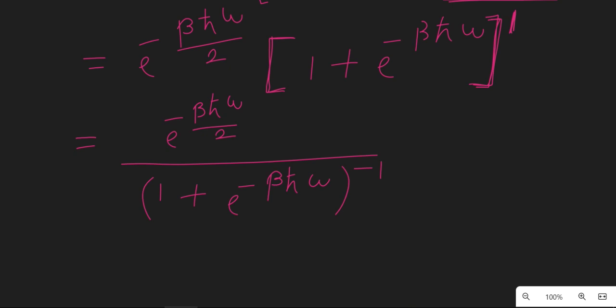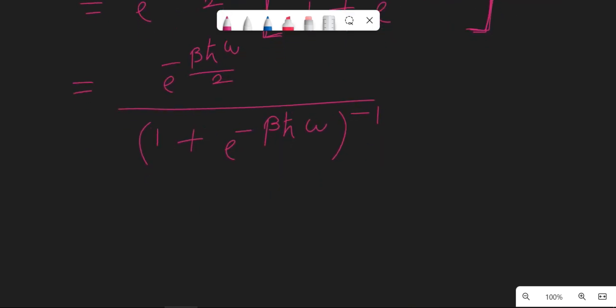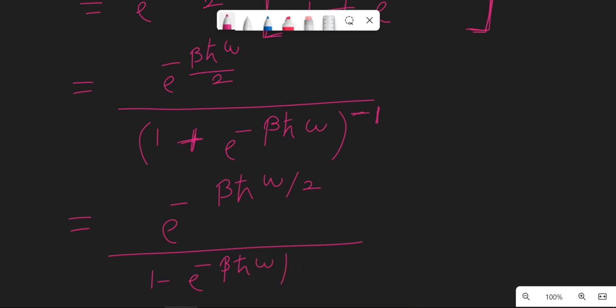Now using the binomial theorem, I just have to multiply this negative instead of here. So I will get e raised to minus beta h cut omega divided by 2 upon 1 minus e raised to minus beta h cut omega.